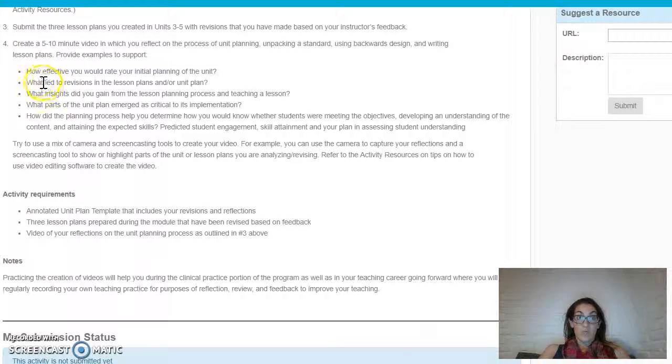The following question was, what led to the revisions of the lesson plans and unit plans? So I think I partially answered that originally.